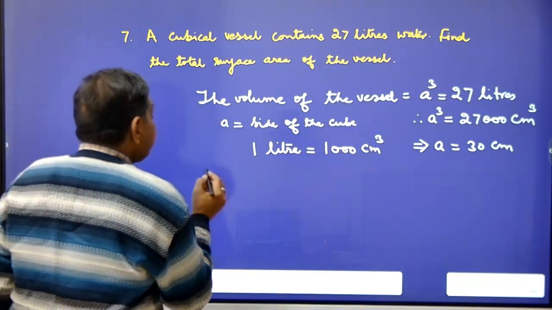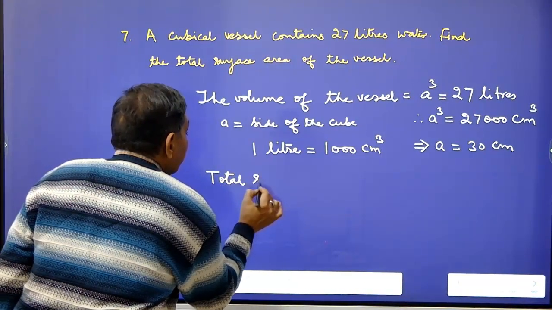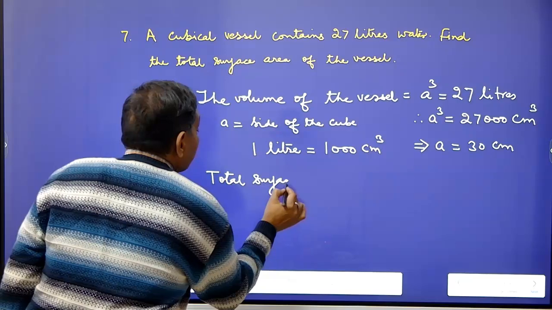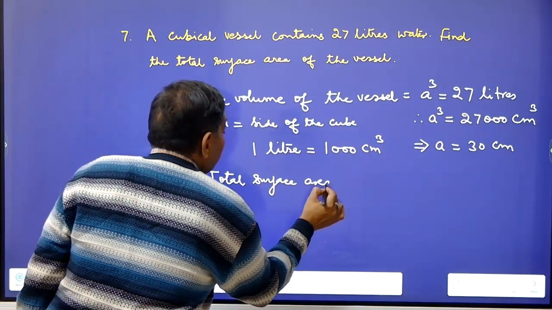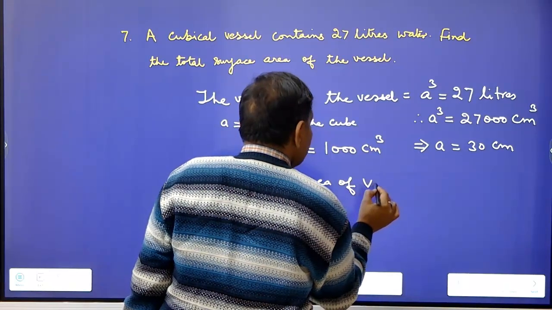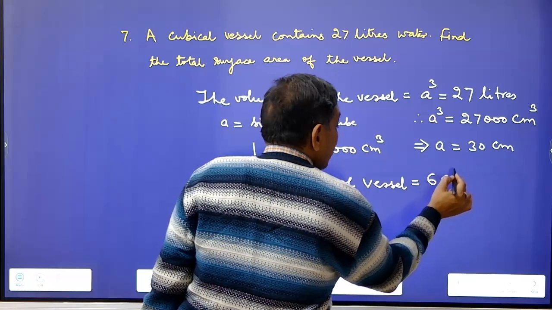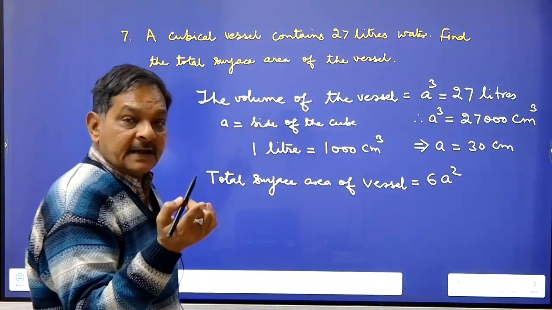So, formula is total surface area of a cube, so of vessel, is equal to 6A square, where A is the side of the cube.